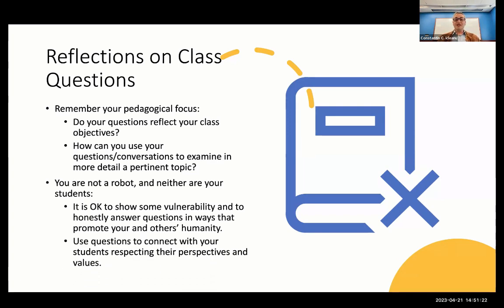Use your questions to connect with your students, all the while respecting their perspectives and values, right? And again, we have to know those perspectives and values if we are to engage with them. We can't simply assume that everybody agrees on, I don't know, human rights or something, or whatever it may be. We should, right? We think that we should, but oftentimes that's not the case.